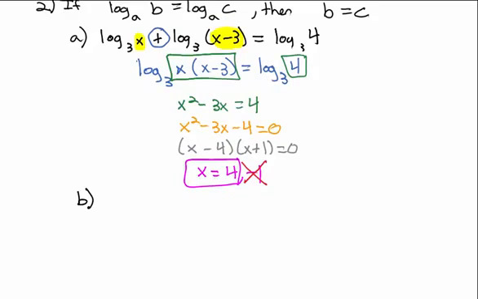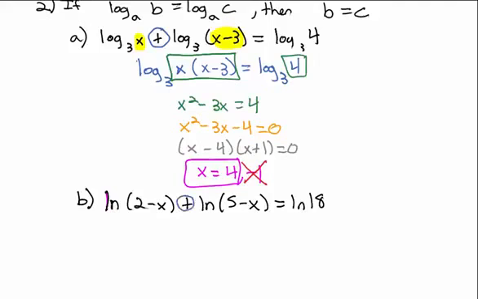Let's try one more of these. Let's do the natural log of 2 minus x plus the natural log of 5 minus x equals the natural log of 18. Again, this one has a plus in the middle. That means we're going to multiply them together. And let's just go ahead and multiply them together.